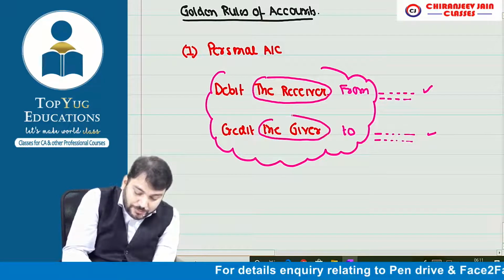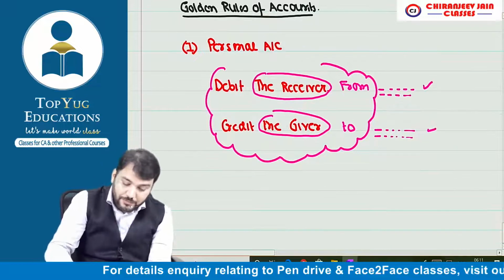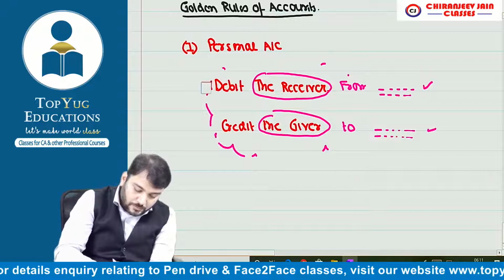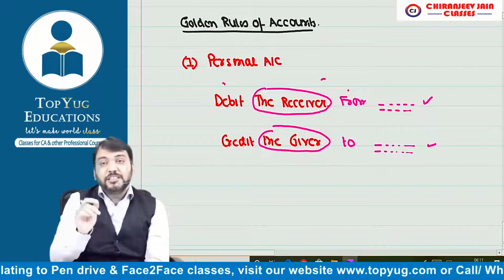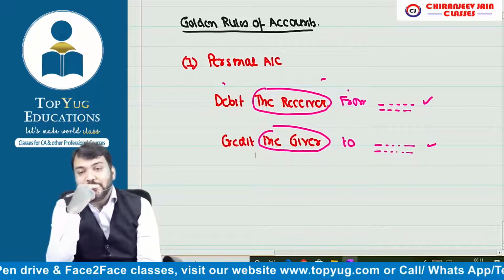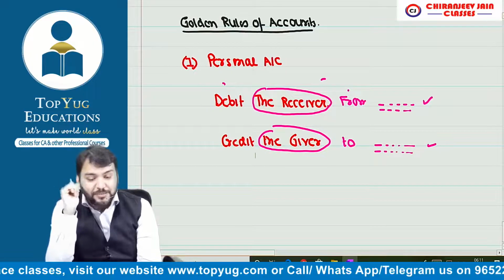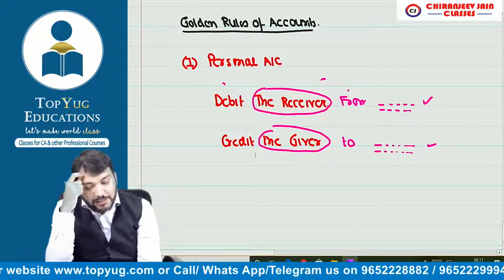Giver to what? Till now I have not got the correct answer. Just try to understand how much rectification you have done. Someone is saying debtor, someone is saying creditor, someone is saying person.